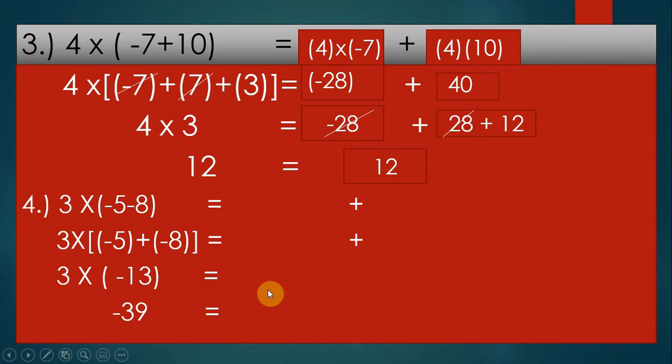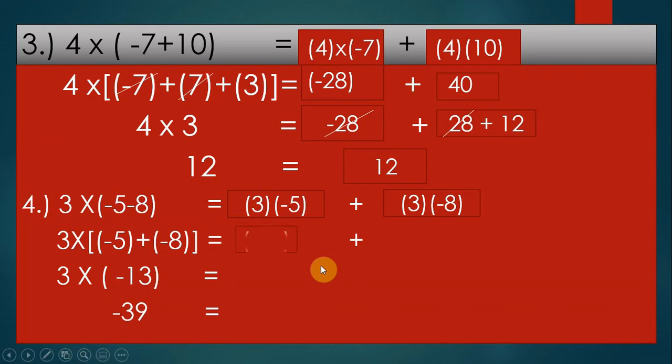On the other process, by applying the distributive property, we will distribute 3 times negative 5 and 3 times negative 8.